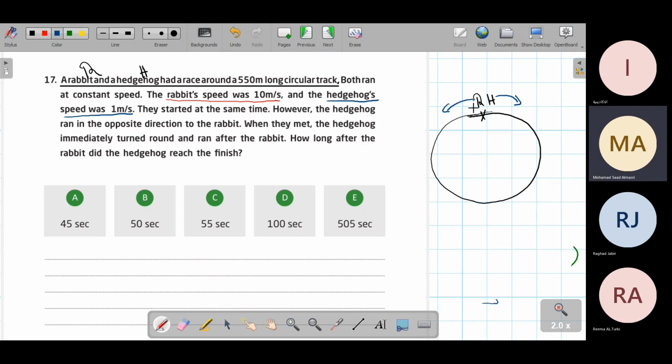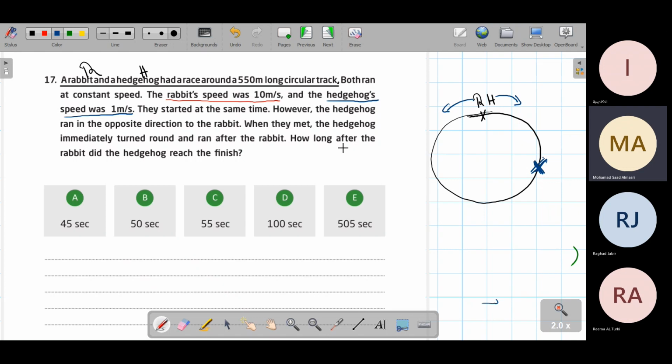Of course, the rabbit will run more than the hedgehog, because the speed of the rabbit is 10 meters per second, but the speed of the hedgehog is only 1 meter per second. Let's say here they will meet. Then the hedgehog immediately turns around and runs after the rabbit.